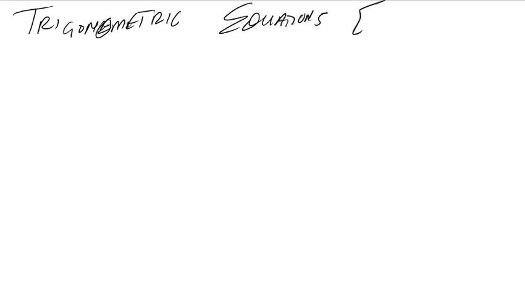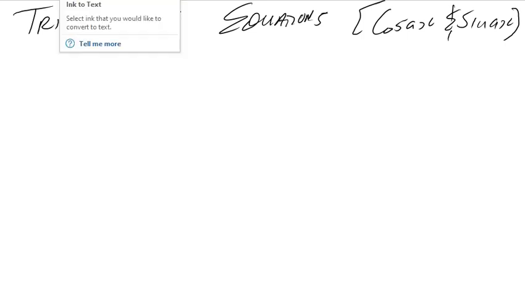So for the operators, we only have two trigonometric functions that we're gonna use. You're gonna use cos ax and sine ax. So those are the two trigonometric functions that we're gonna use.